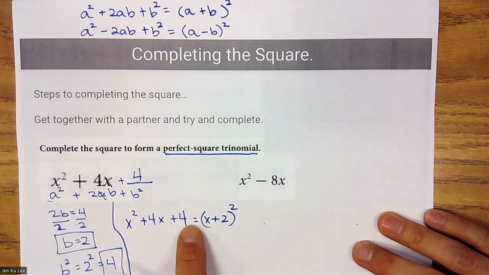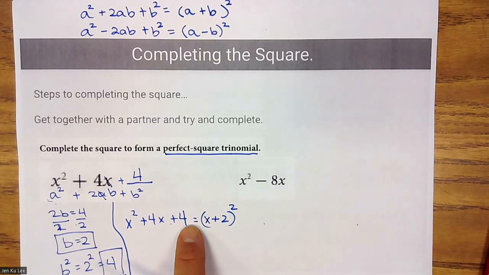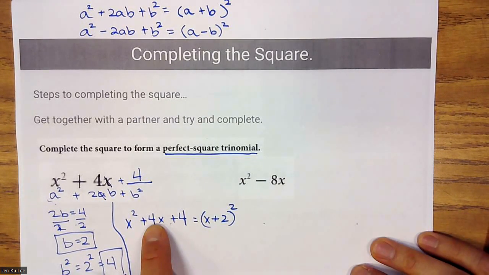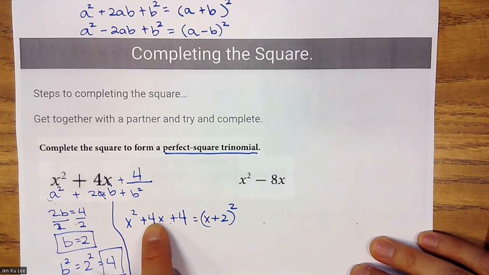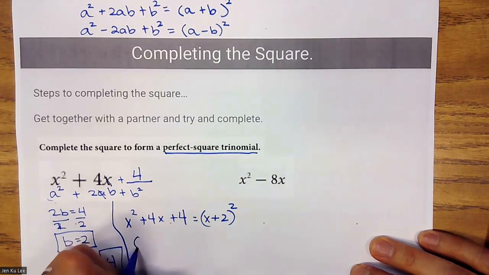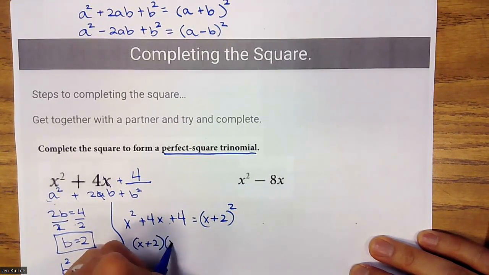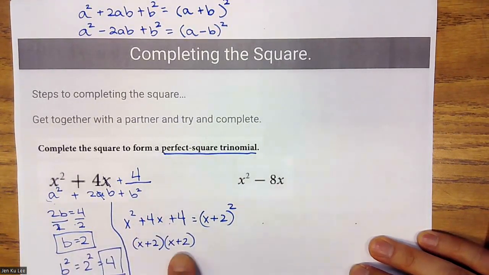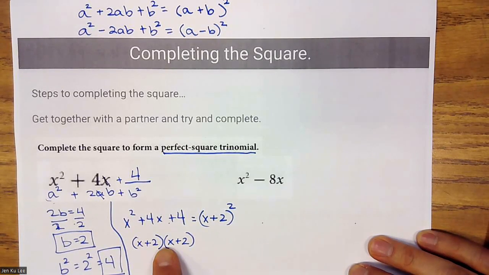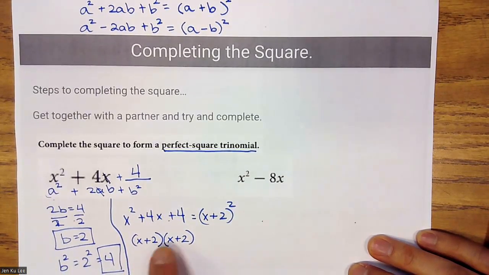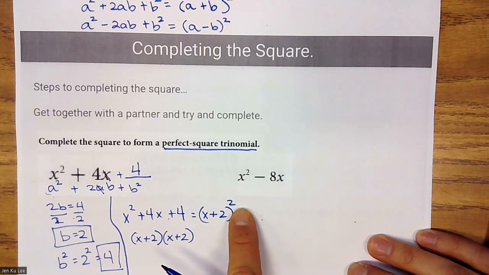Give me two numbers that multiply to 4 and sum to 4. 2 and 2, right? After you factor it out, it's x plus 2 times x plus 2. And because we have two x plus 2s, they're just being squared.